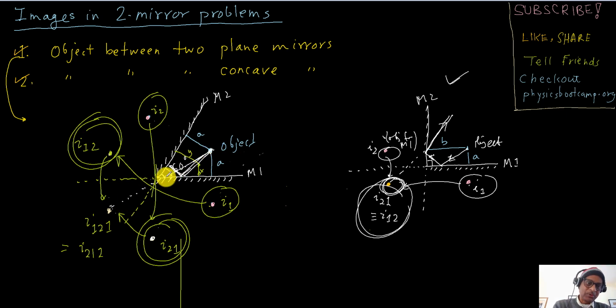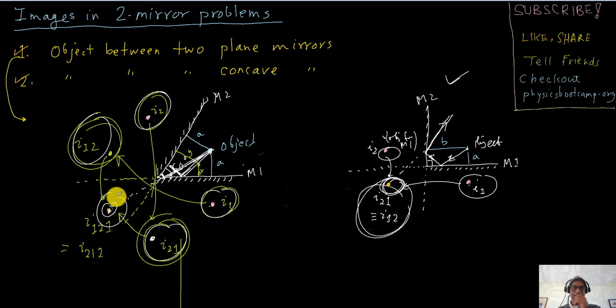So this ray reflects from 1, goes into 2, reflects back, and reflects back again in that direction. So this is one way to see there will be this image. So there are 1, 2, 3, 4, 5 images.